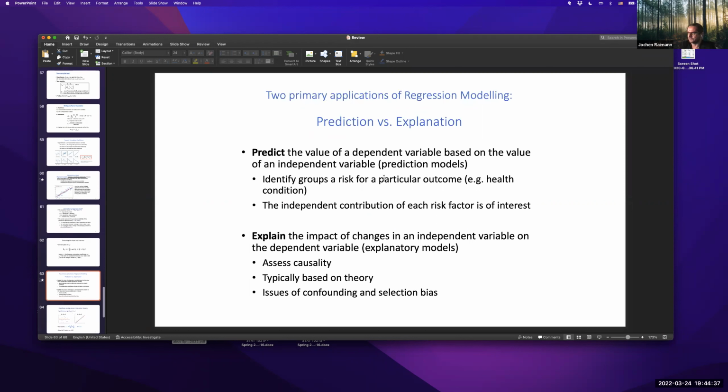You then have predictive and explanatory approaches. In predictive approaches, you predict values based on the relationship between the dependent and independent variable, whereas explanatory models only assess the impact of changes of an independent variable on a dependent variable.